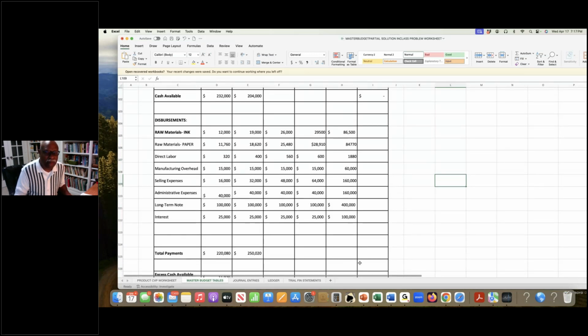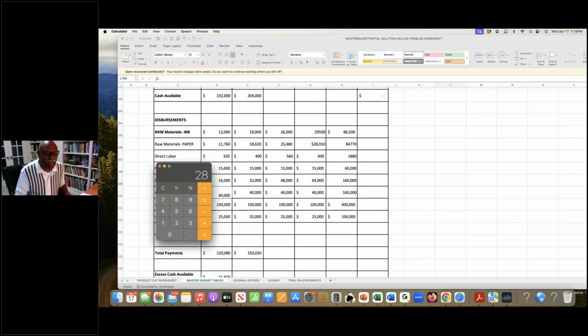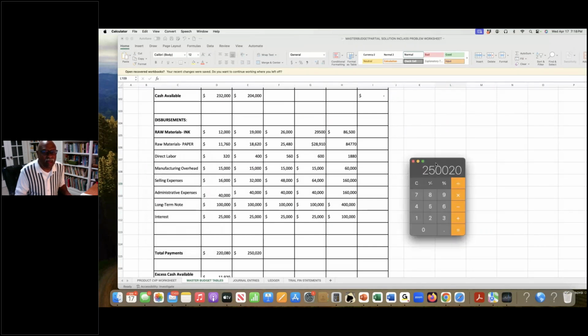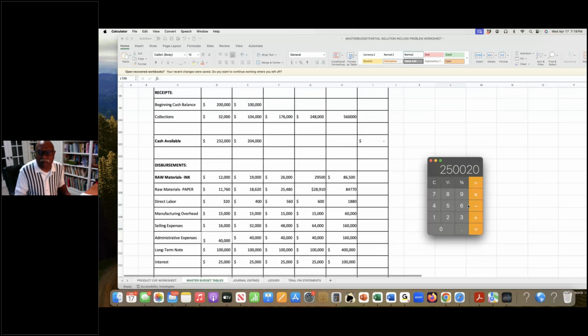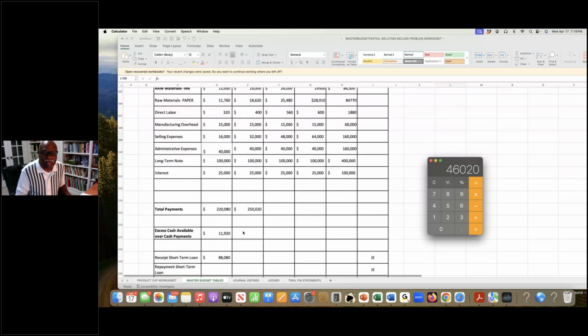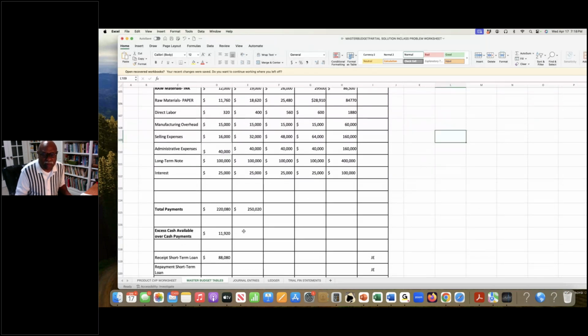We only got 204 available. So we're short, I think, a minus 46,020.